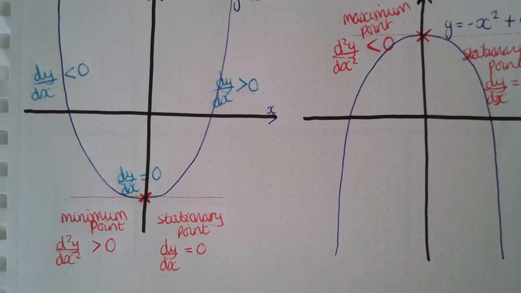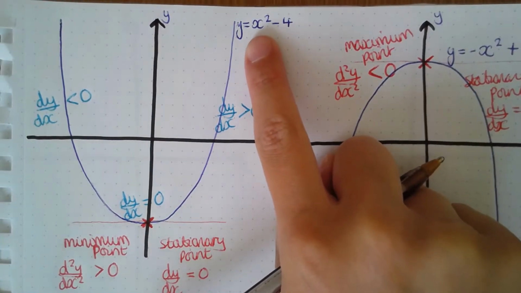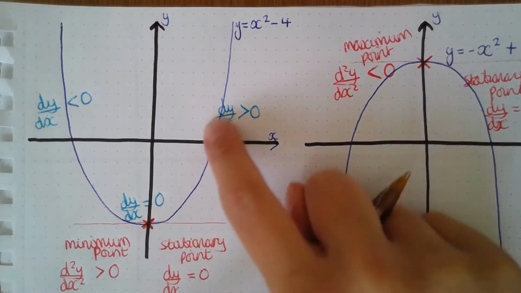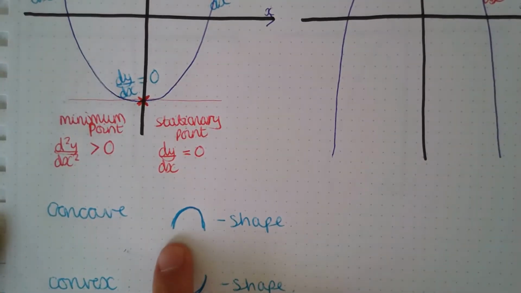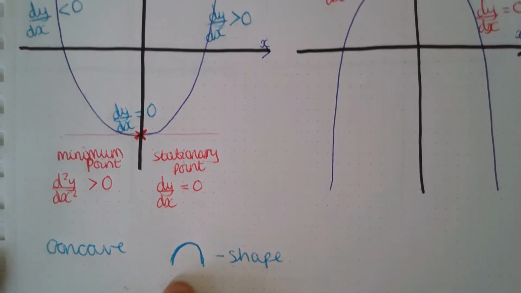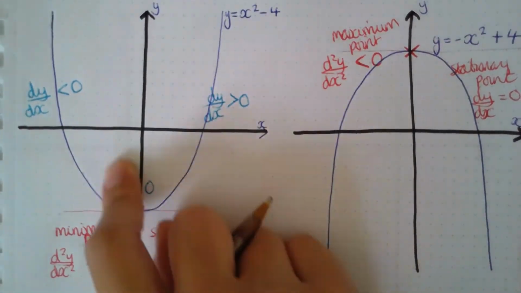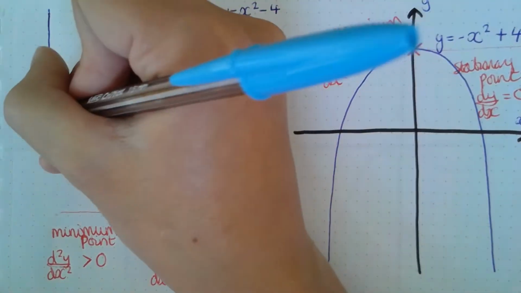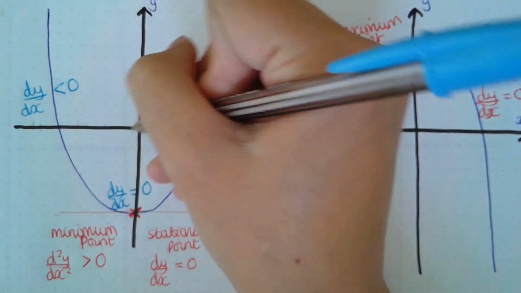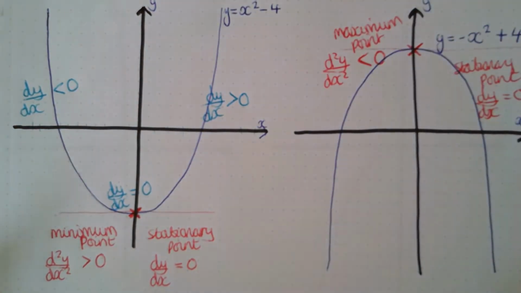We can see that this graph of x squared take away 4 has always got a convex shape. There are no sections of that graph that look like an N, so there are no concave sections. It's convex for every single value on our x-axis. No matter where we are on the x-axis, that graph will be convex.